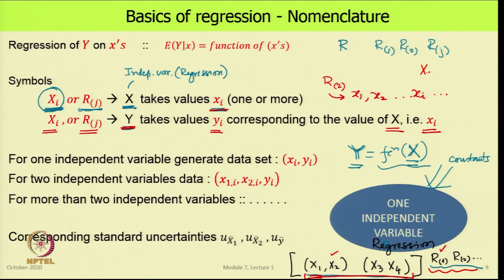That is what it is: x 2 and r 1 is what we want to make a regression of. The first value of r 1, say this is y, say this is x. The first value of this we will call y 1, and it must correspond to the first value of x 2, which we call x 1.